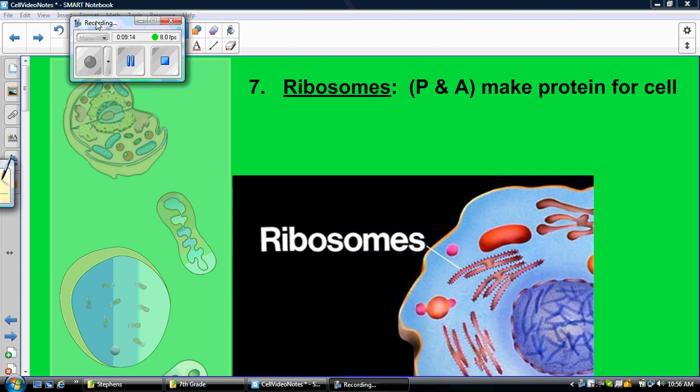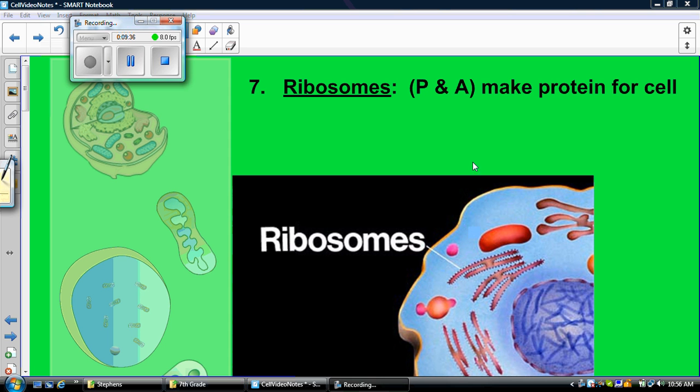Okay, one other organelle in our cell is a ribosome. It's found in both plant and animal cells. Ribosomes are the little tiny circular dots, okay, you can see them, they've got it pointed in this picture. They're actually located on the winding thing called the endoplasmic reticulum, but it's little tiny dots. That's the ribosomes.